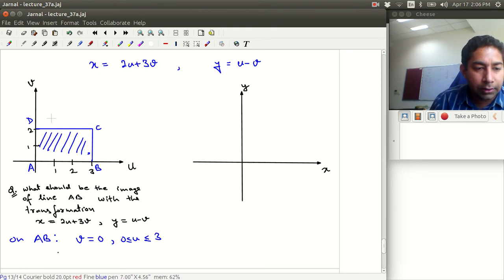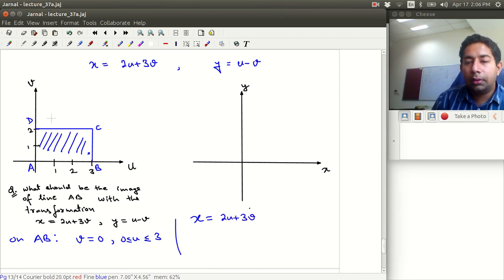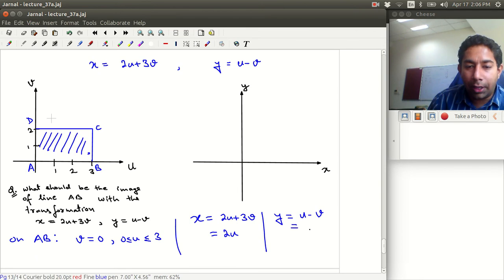So then you get that x was 2u plus 3v, but in this case v is equal to 0, so it becomes 2u. Similarly, y was u minus v, but v is equal to 0, so y becomes u.